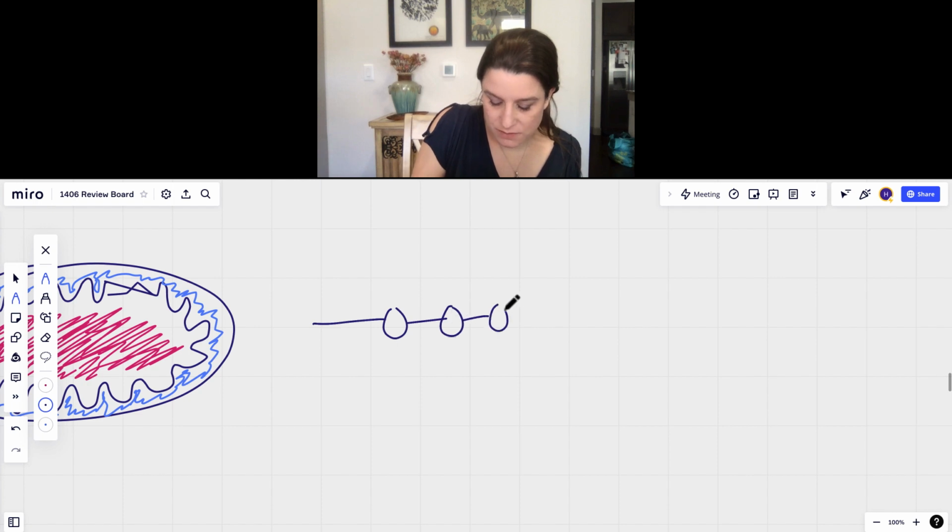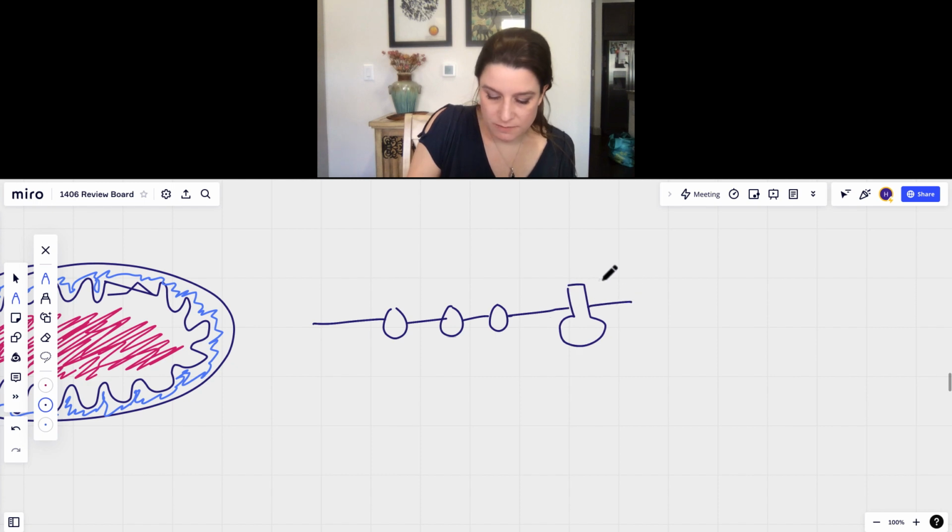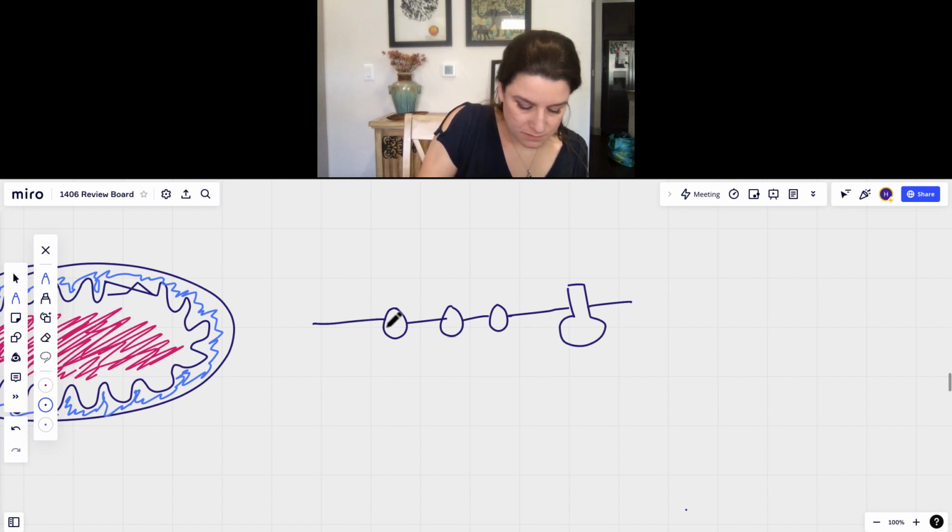Okay, so very similar deal here. But we don't have photosystems because there's no light involved. I'm just going to draw an electron transport chain and then the ATP synthase. I'll draw the matrix up here.